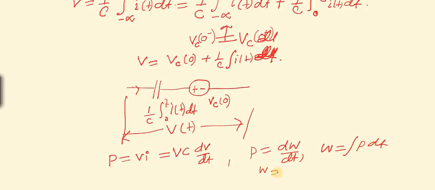Putting this p value here, integration of V C dV/dt into dt, we get W equal to half C V square.